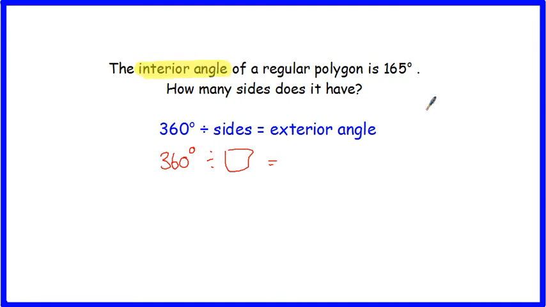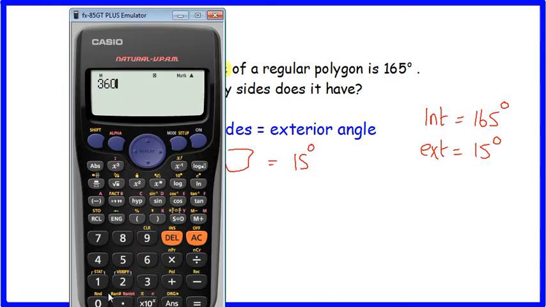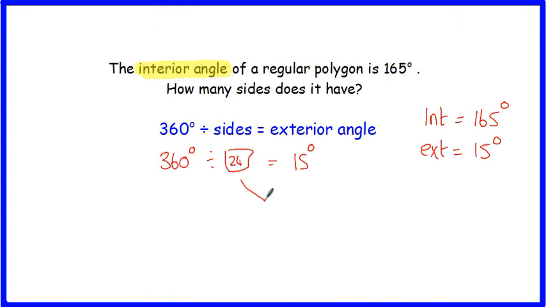So if my interior is equal to 165, my exterior must be 15 degrees. So I'm going to put 15 degrees in there. So 360 divided by 15 gives me 24, and it's got 24 sides.